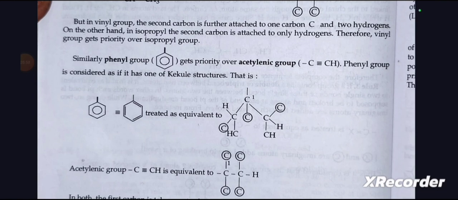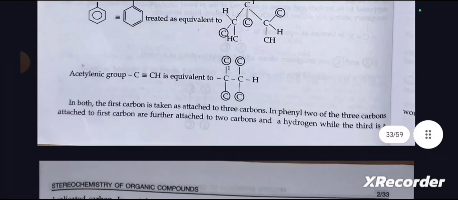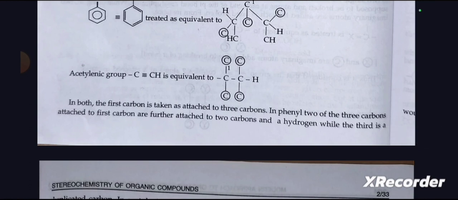Similarly, the phenyl group gets priority over the acetylenic group, C≡CH. The phenyl group is considered as if it has one of the equivalent Kekulé structures.